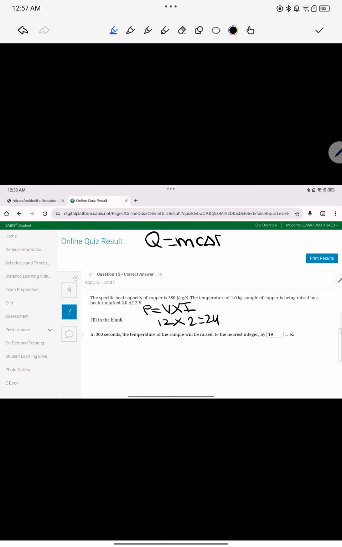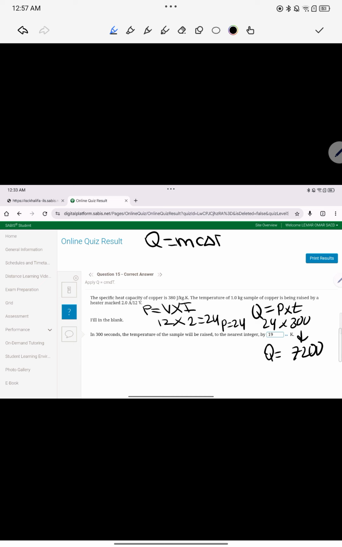Anyways, 24. So P is equal to 24. Then another formula is Q equals to P times time. Time is 300 times 24. It will be 7200. So Q is equal to 7200.